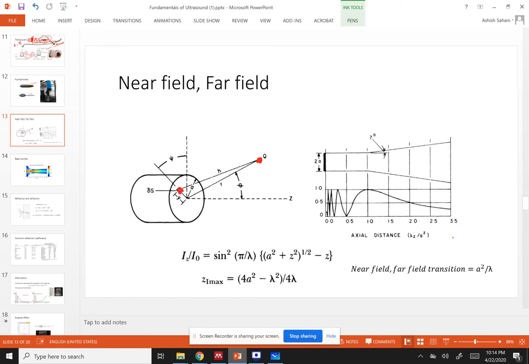If this small element is creating a pressure P, then the intensity created at this point will be given by P by 4 pi h square, where h is the distance from this point to this point. This h can be calculated based on y and a, where a is the radius of this transducer.